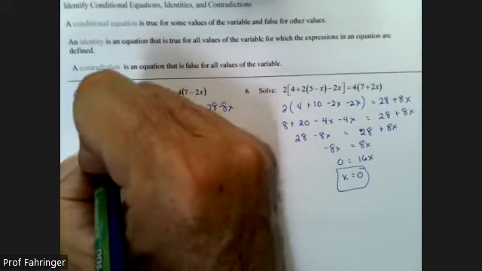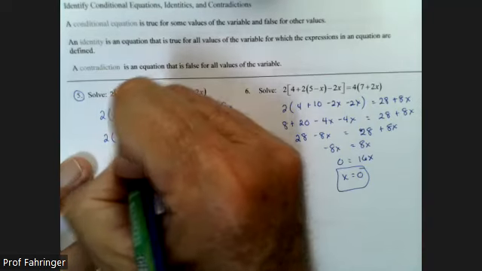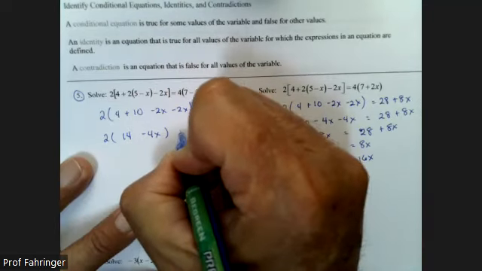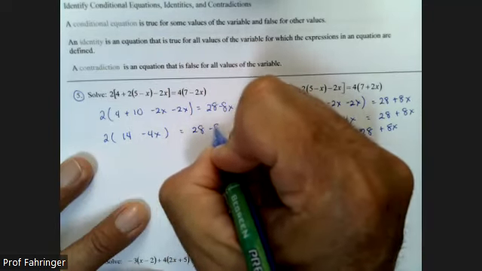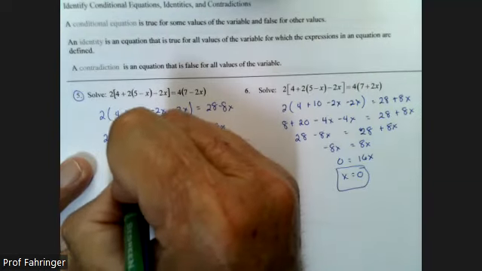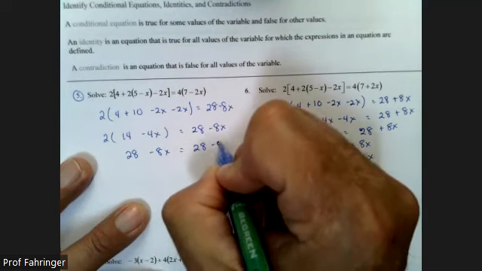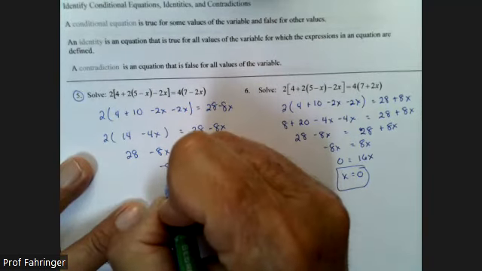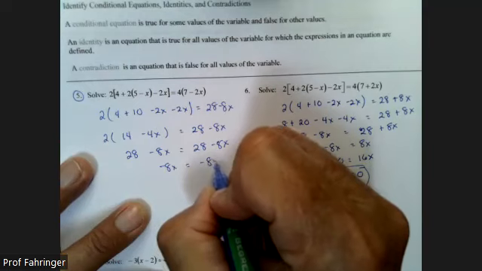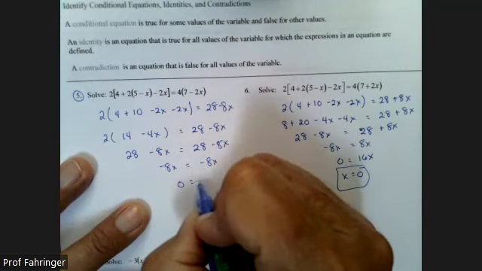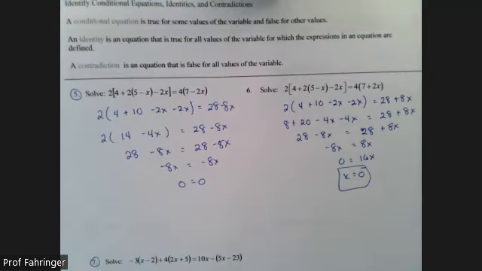I can either distribute or I can combine like terms. 14 minus 4x. 28 minus 8x equals 28. Uh-oh. I subtract 28 and I get 0 equals 0. Huh. What does that mean?